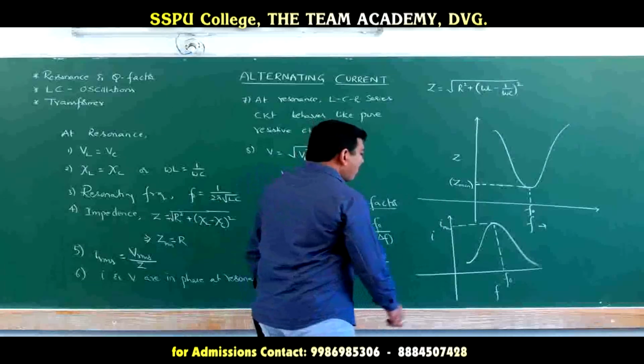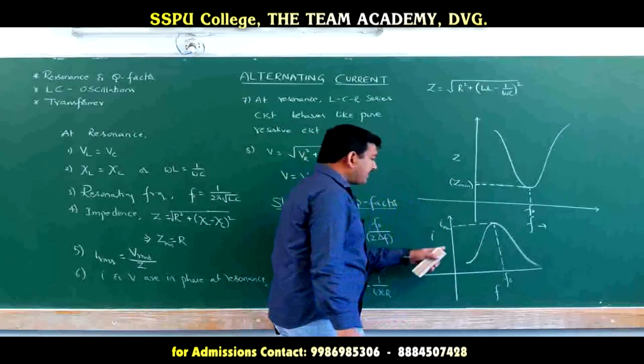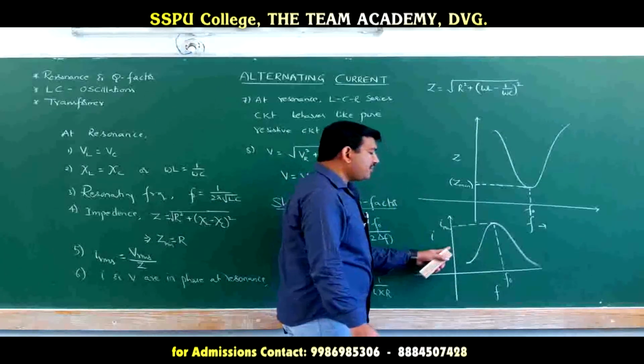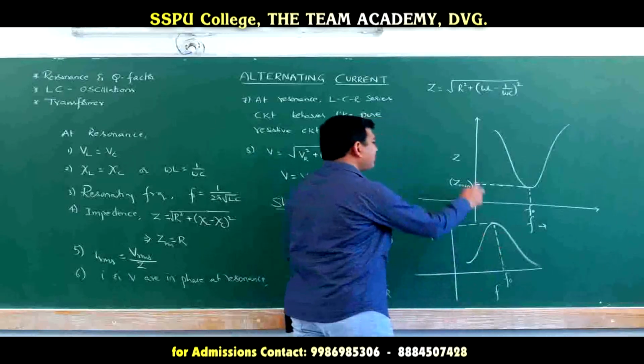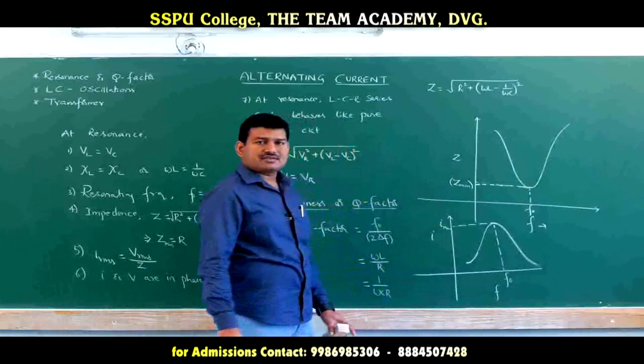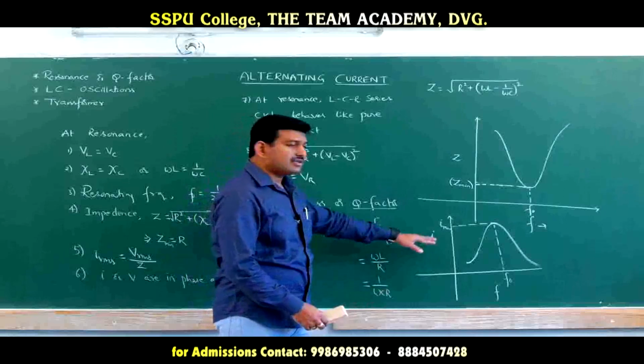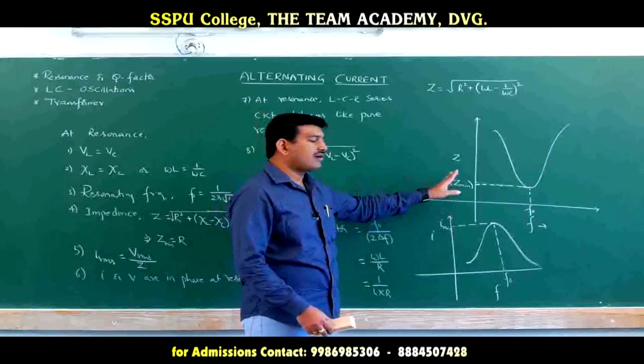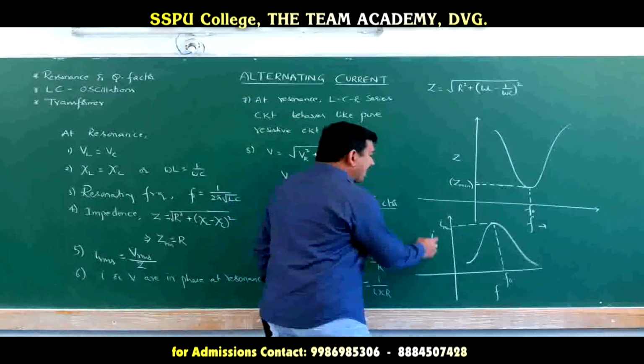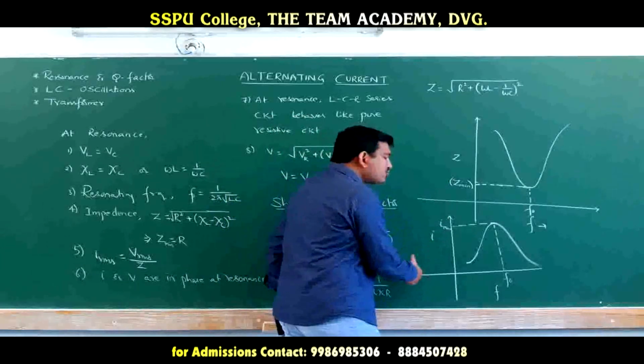And here, if you see, for a particular current, how many frequencies are possible, excluding the maximum value of current or minimum value of impedance? Other than the maximum current case, you choose any other current.